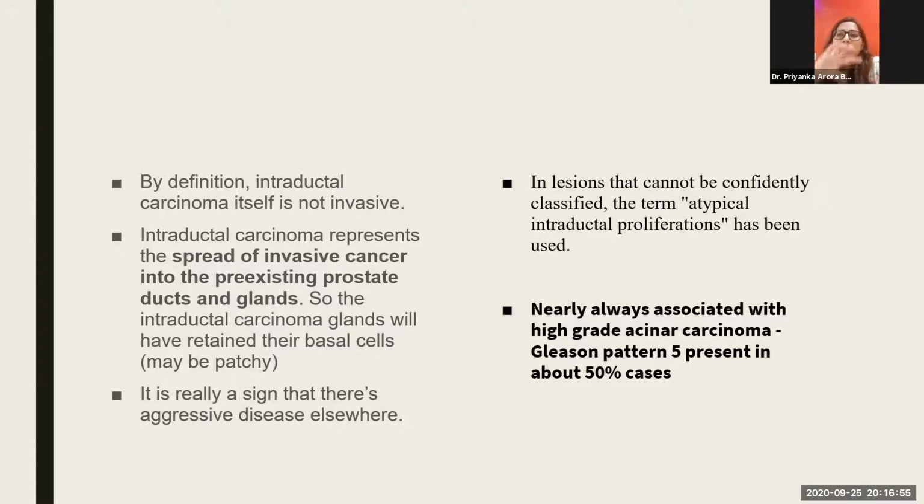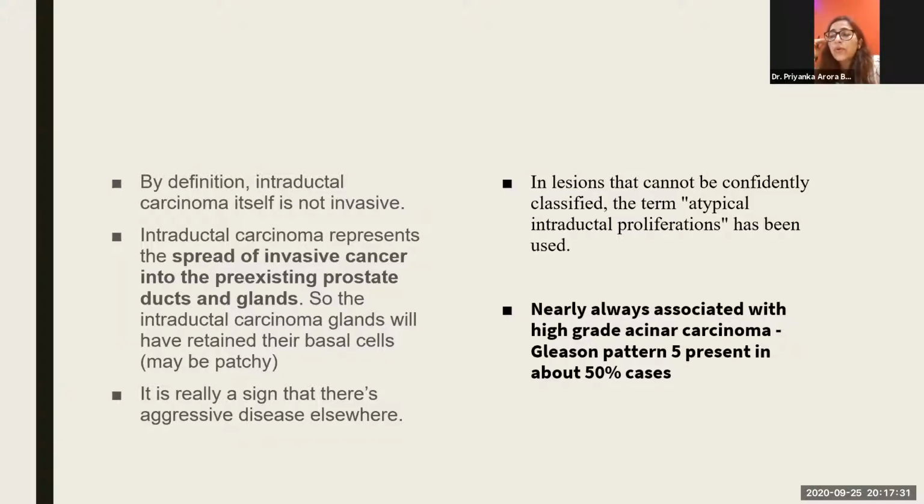Comedonecrosis is something in which you'll see that a lumen has necrosis, and the duct is lined by highly malignant cells, with a center of necrosis. Okay, so that is comedonecrosis. And so that is, by definition, not invasive carcinoma, although it gives you a hint that there is an invasive carcinoma nearby.